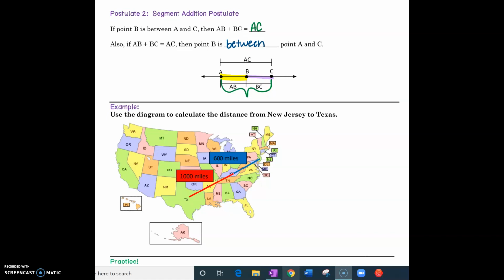So for example here, from NJ to Texas, we can say that is equal to the length from Texas to Kentucky plus the length of Kentucky to New Jersey.